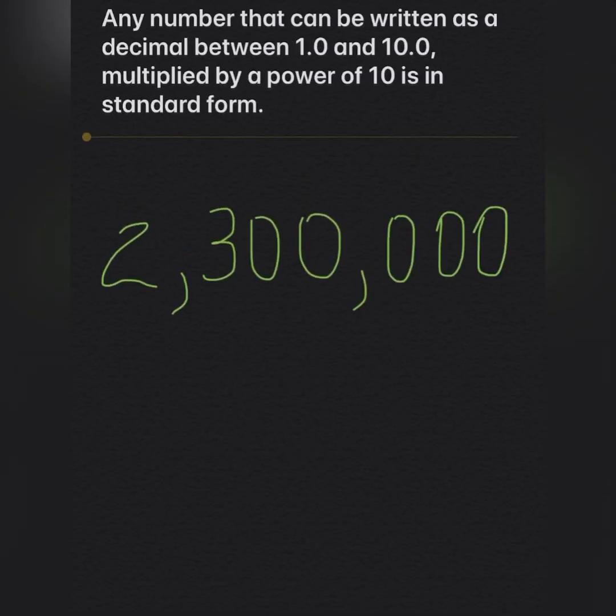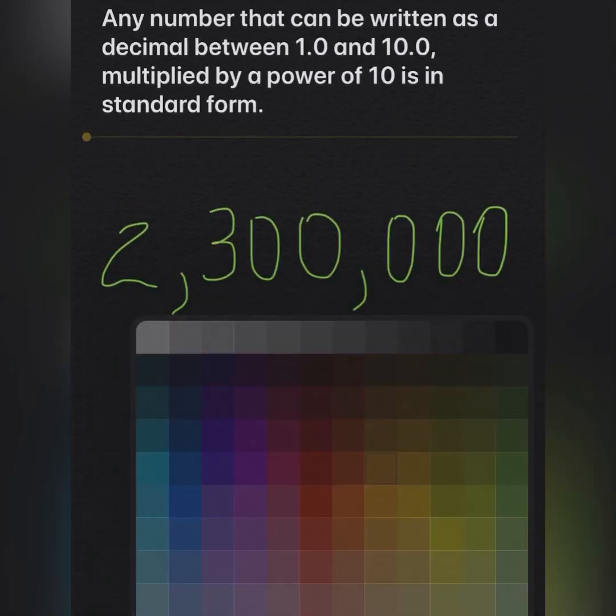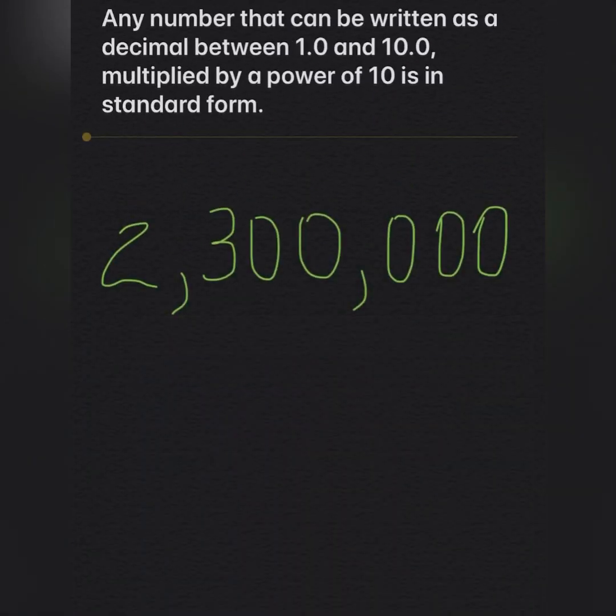Now let's use this example to go through the rules. The first rule says that we must change it to a decimal that is between 1 and 10. When we get a whole number like this, we know that the decimal point is at the end. We need to change 2,300,000 into a number between 1 and 10, so we have to move the decimal point.